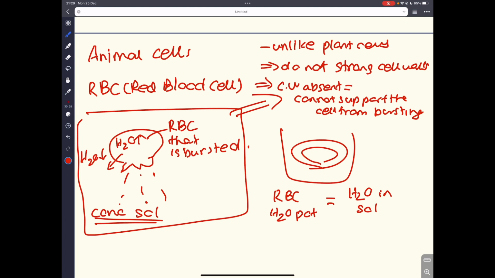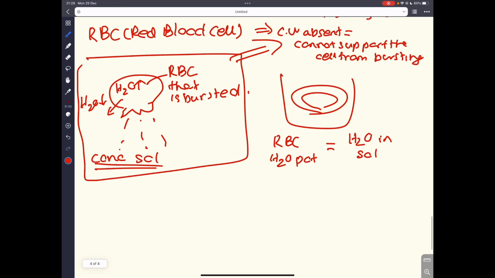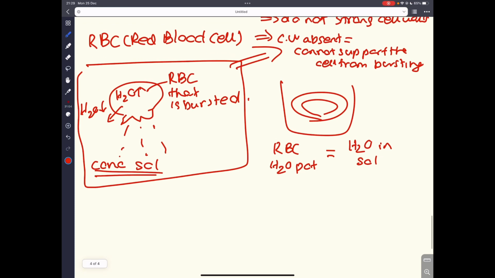Now, if we put it inside a weak solution, a very weak or dilute solution, the water is going to enter.